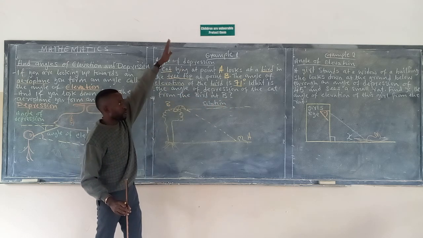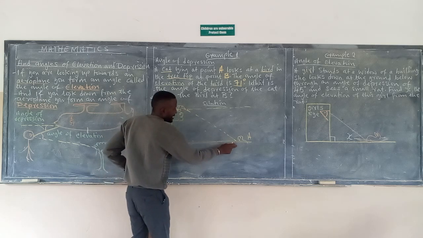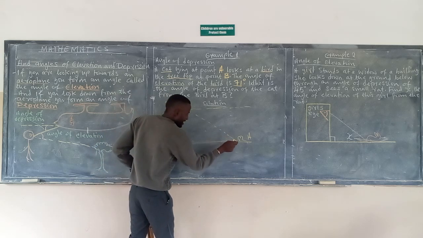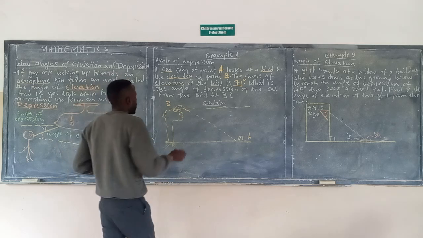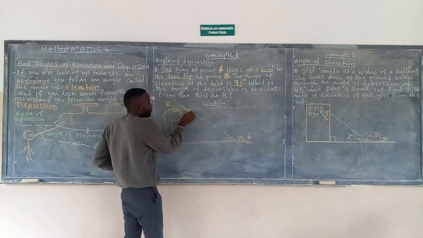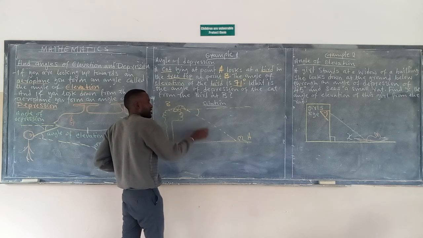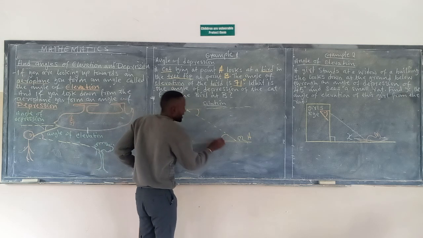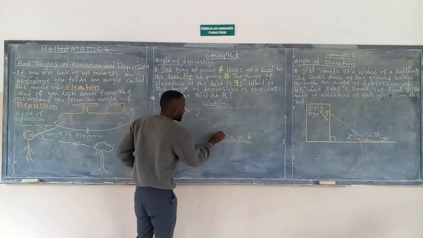And beyond this, we don't know what is there. So the bird looks down where the cat is, and when it reaches the cat, it forms an angle of elevation. So an angle of elevation cannot be formed here. But this one here is the angle of elevation, which is the 71 degrees.